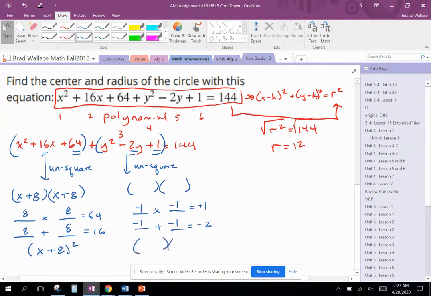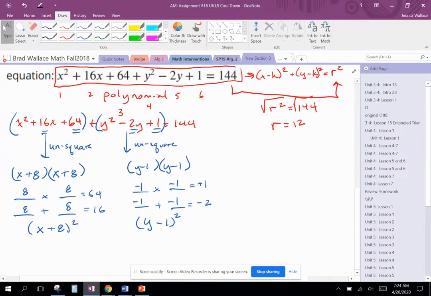And so this factors out to be y minus 1, y minus 1, which gives me y minus 1 squared.